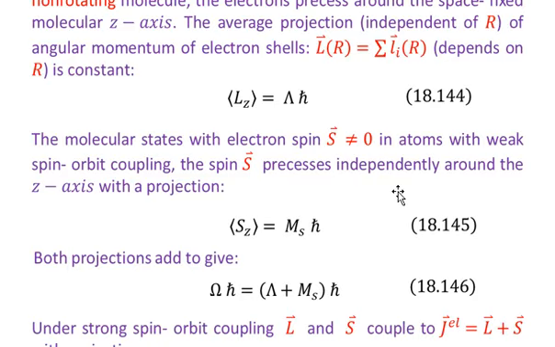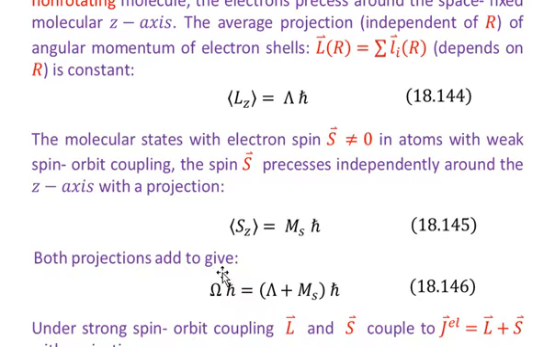And you see that, while writing equations number 144 and 145, we have assumed that there is a weak coupling between the spin and orbit. That is, the spin-orbit coupling can be neglected. And we have written these two equations assuming that the angular momentum of the electron and the total spin of the electron will precess independently about the z-axis.